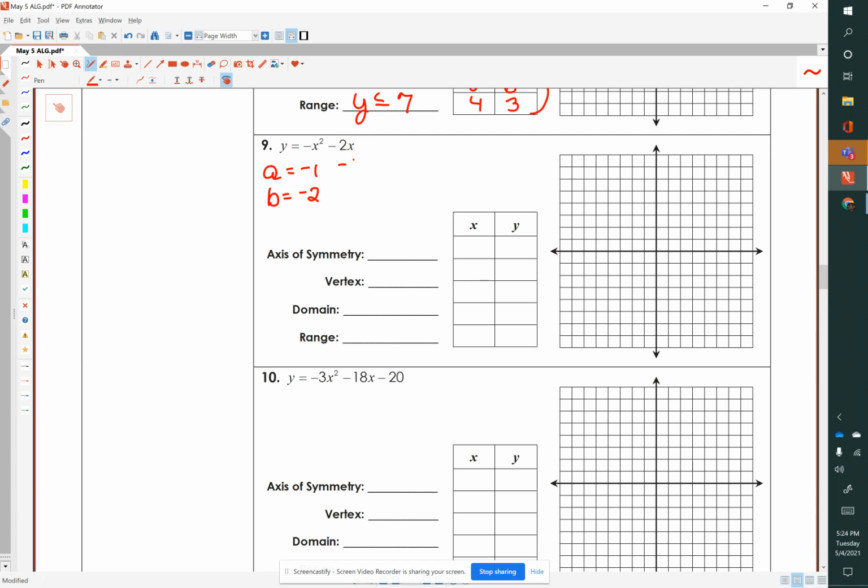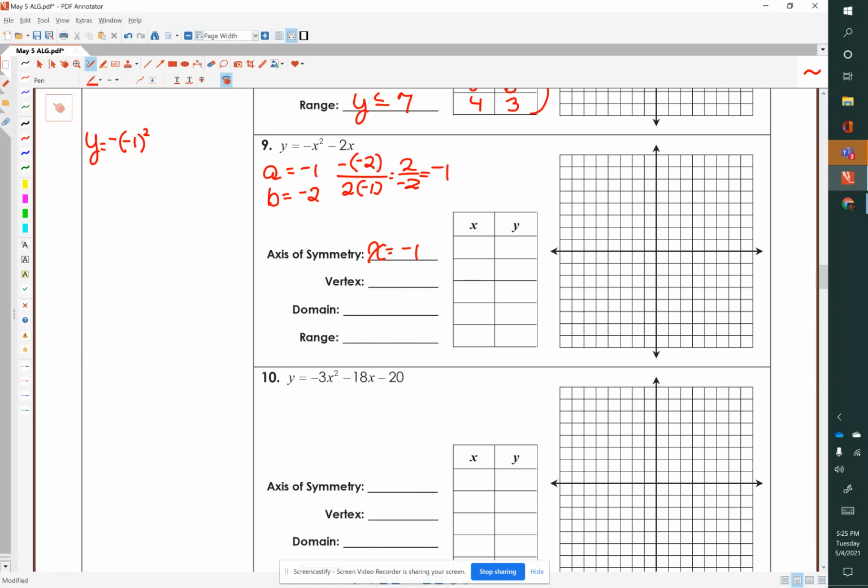So to find the axis of symmetry, it's negative, negative 2 divided by 2 times negative 1, which equals 2 divided by negative 2, which equals negative 1. So x equals negative 1. Now let's evaluate this quadratic at negative 1. So remember, this is negative, negative 1 squared.